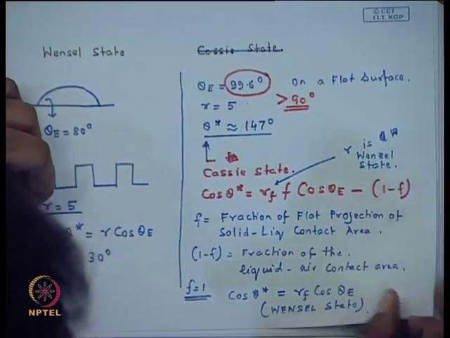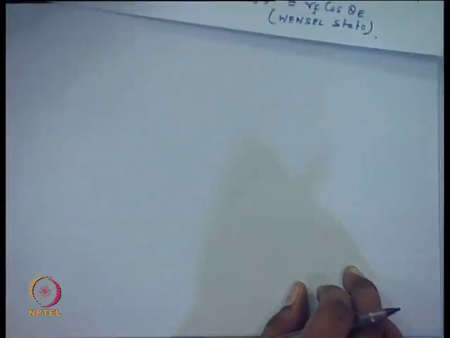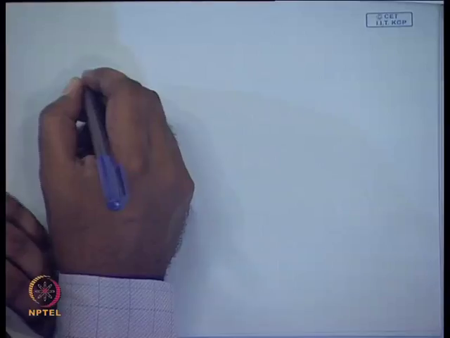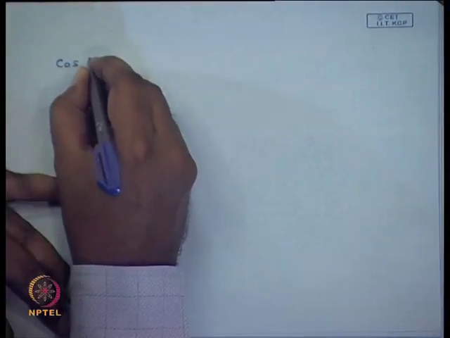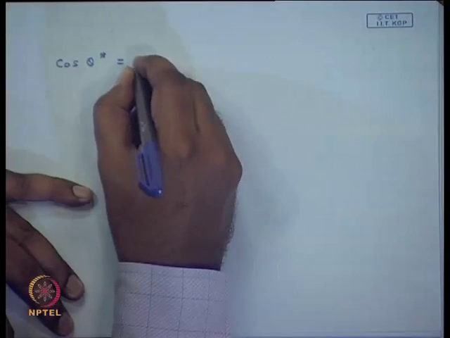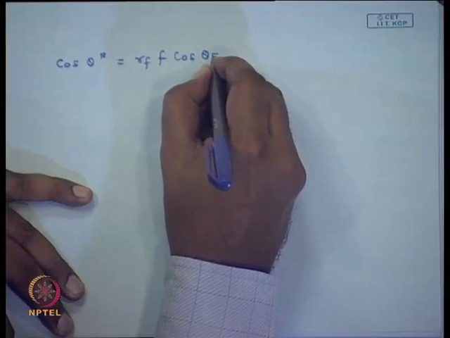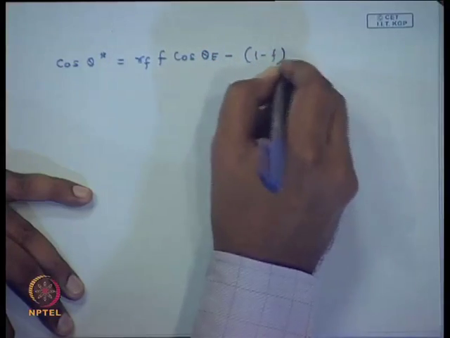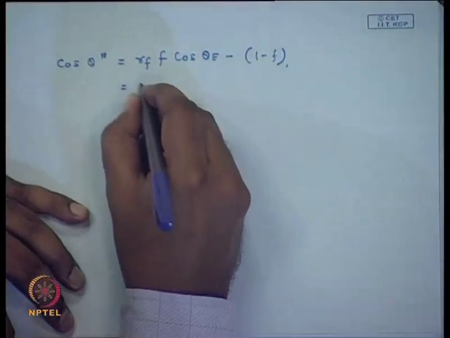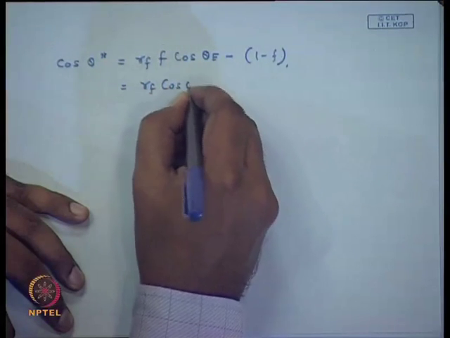The other way of writing it: if you look at the equation, let us write the equation again for the Cassie state.